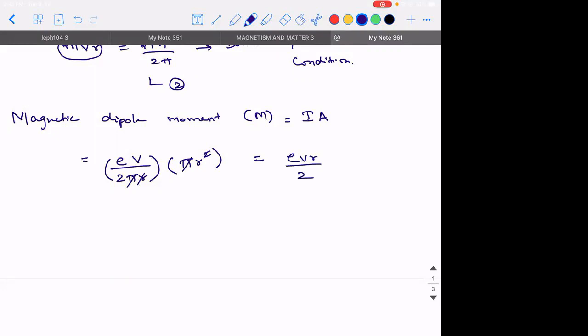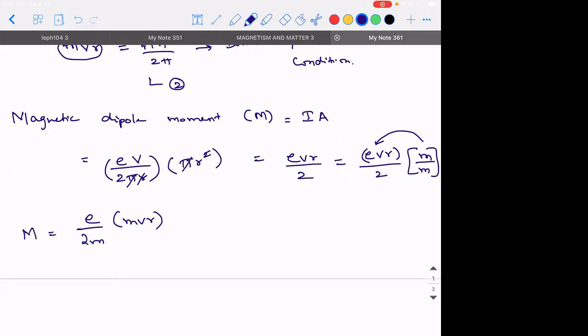Clear, guys? It is e into v into r divided by 2. This is also equal to e into v into r divided by 2, multiplied with mass and divided with mass. There is a reason why I am doing it, because by doing it we will get m into v into r. So e divided by 2m into mvr. What is this, guys?